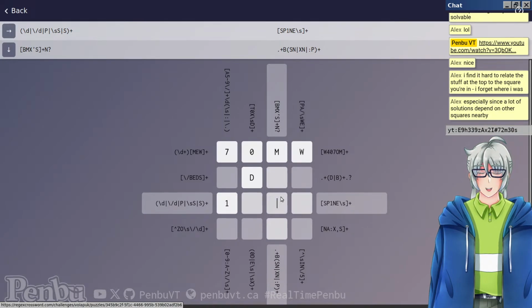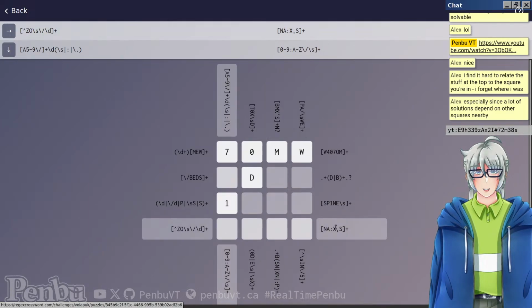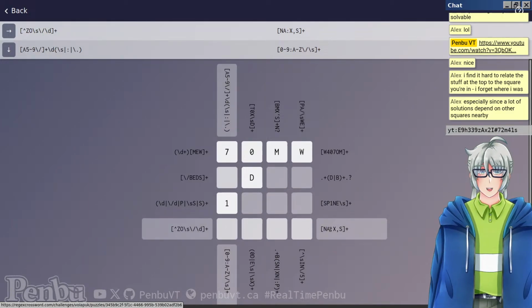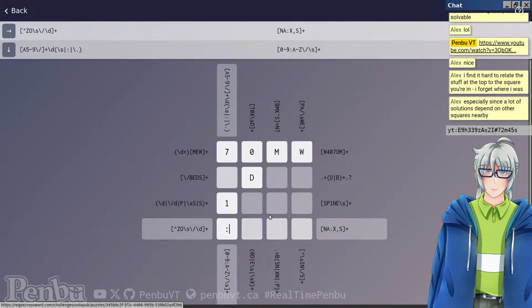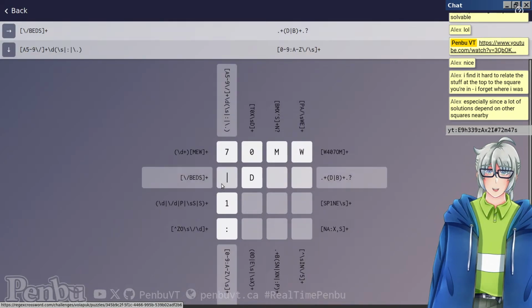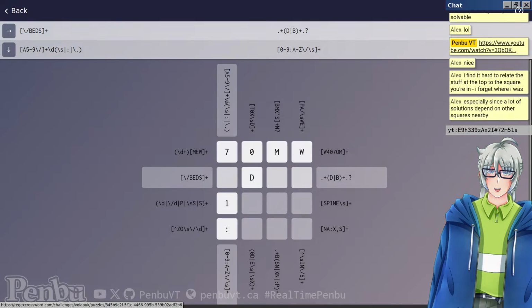What am I looking at? Okay, so this last one is forced to be a space, colon, or dot. And the only one that overlaps with this one, I think, is a colon. Okay. So we have another digit or another one of these.